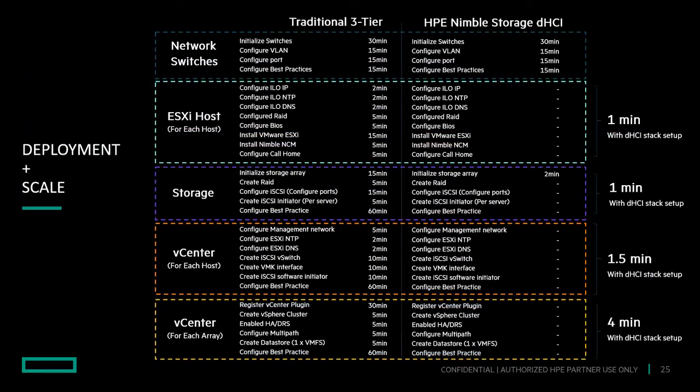Simple to deploy, simple to scale. What this screen is really representing to me, on the left-hand side, is all of the administrative time that's necessary when we're going through a deployment or adding to our existing environment. What we wanted to do was take all of that out and automate it, and then inside of that automation, build in the best practices.